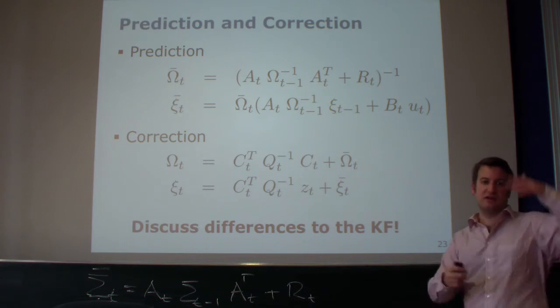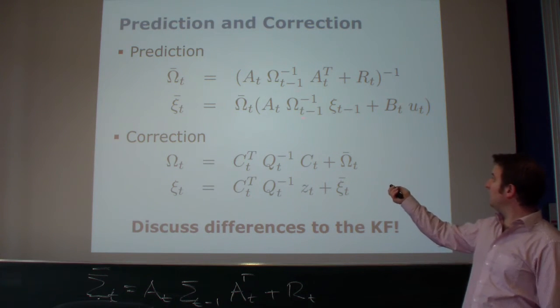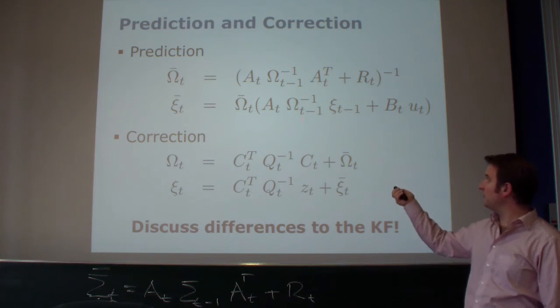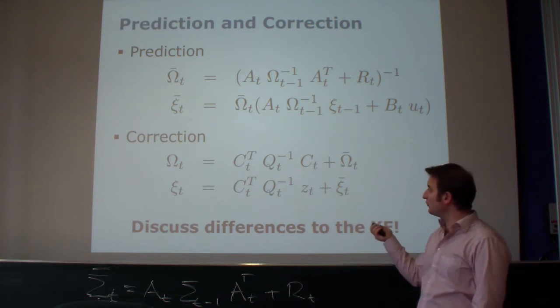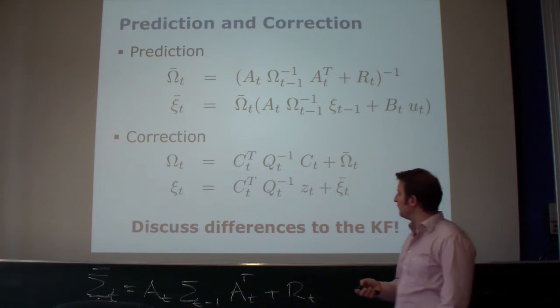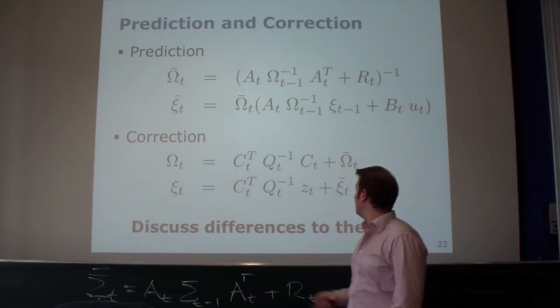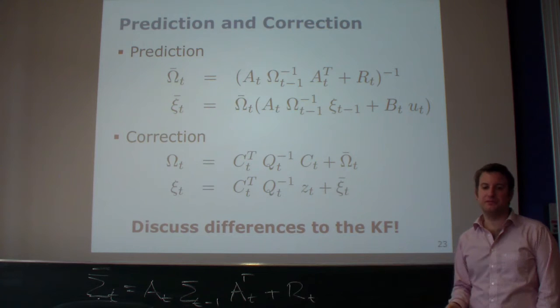Potentially with a matrix covering the full state space. And here we have the same inverse. So once we have this term over here, it's easy. And the correction step here is less critical because it doesn't involve any inversion. It simply is the product of matrices.